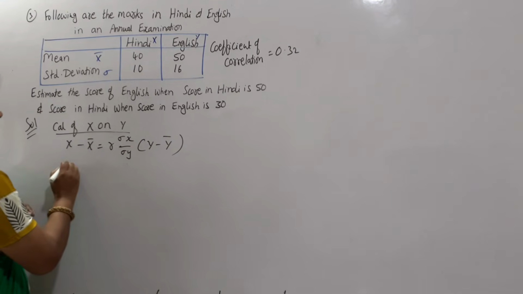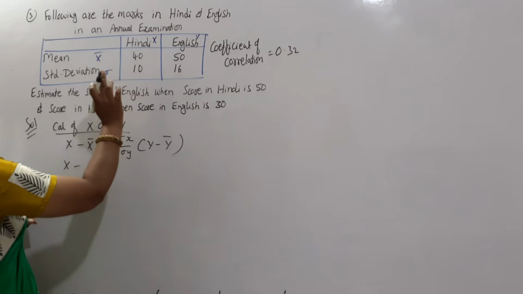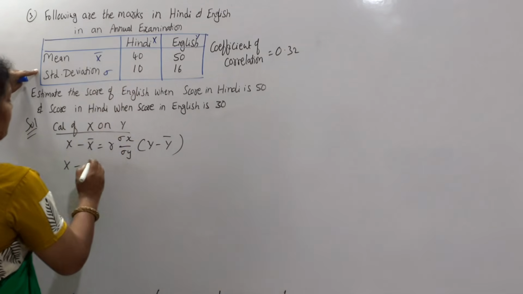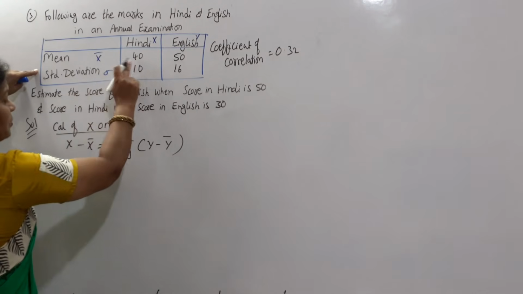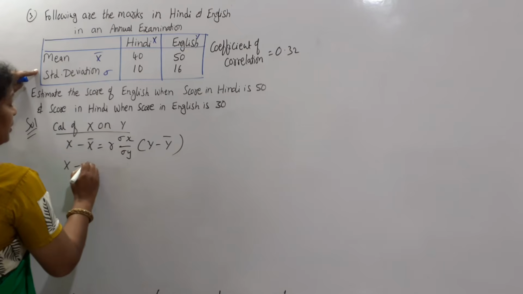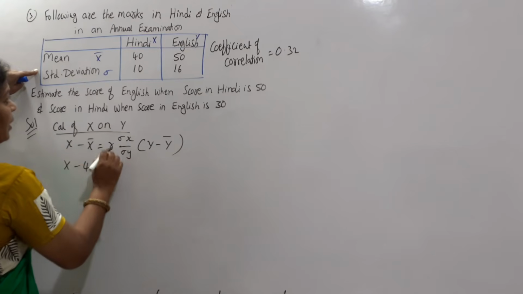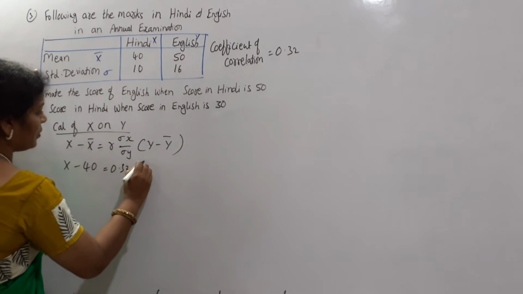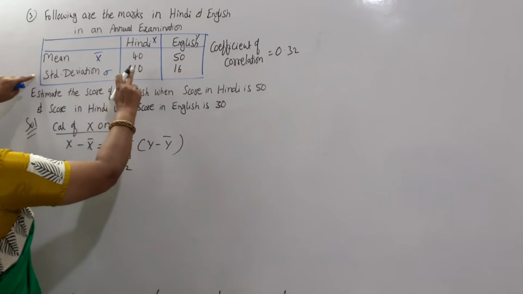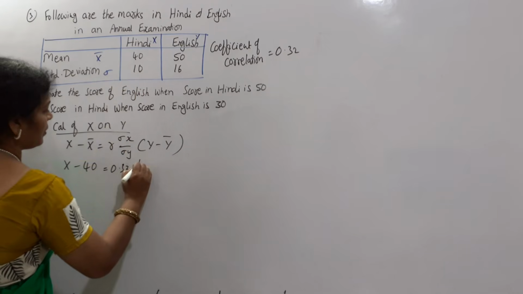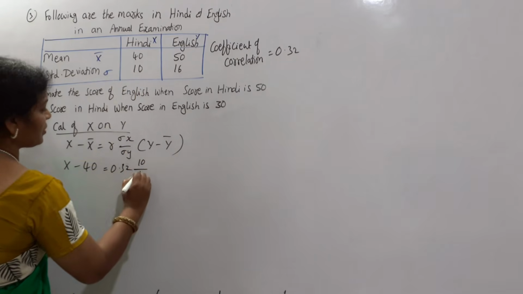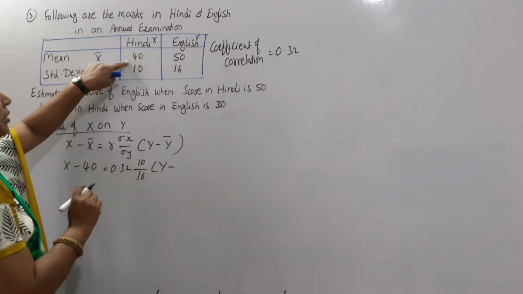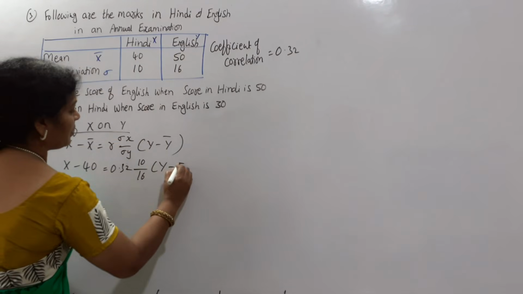X bar is 40, and r is 0.32. Rho x, the standard deviation of x, is 10, the standard deviation of y is 16, and y minus y bar, where y bar is 50.